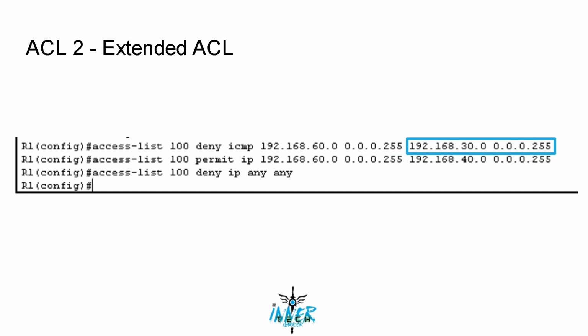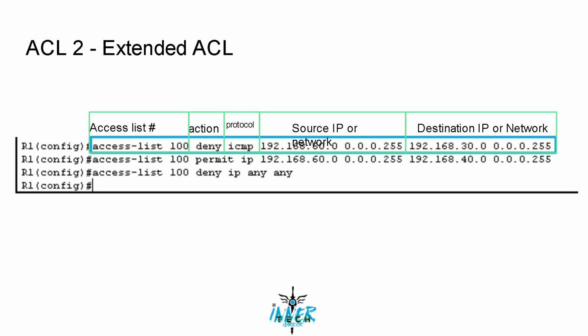So let's put in the destination we're blocking LAN 2 from, which is 192.168.30.0 0.0.0.255, which is the network IP and wildcard mask of LAN 3. So this line altogether explains that we're denying ICMP LAN 2 traffic from getting to LAN 3.